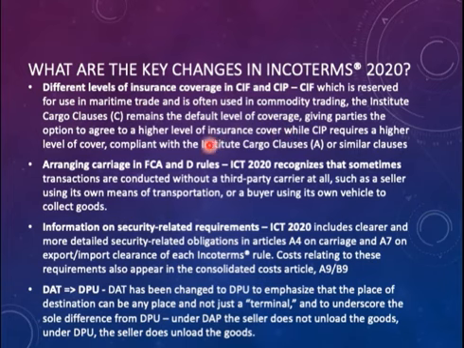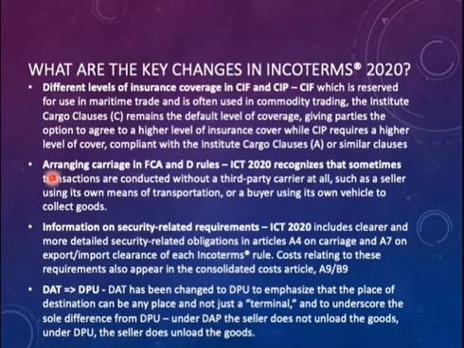So the main difference here is the change in the level of insurance in the rule CIP from level C, the lowest level of insurance, to level A. It means all risk, right? All risk. The higher level of insurance or similar clauses. It means the clauses similar to Clause A.